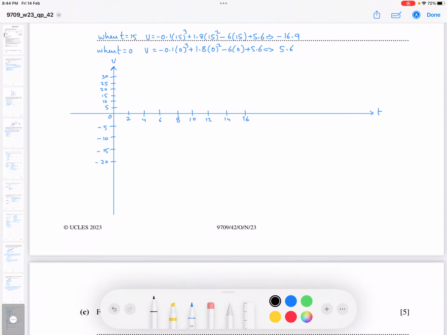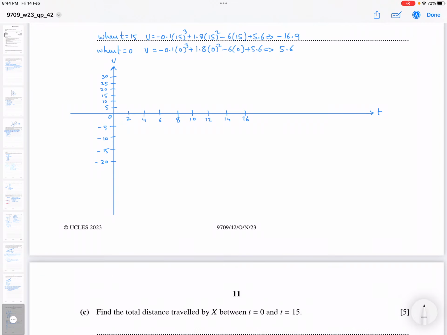So our points would be at whenever t was 0, our velocity was 5.6. Somewhere here, when our t was 2, our velocity was 0. So here is our point. When our t is 10, our velocity was 25.6.